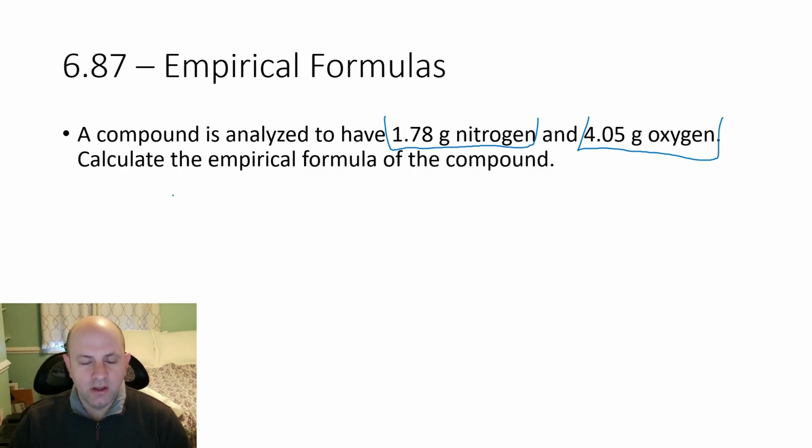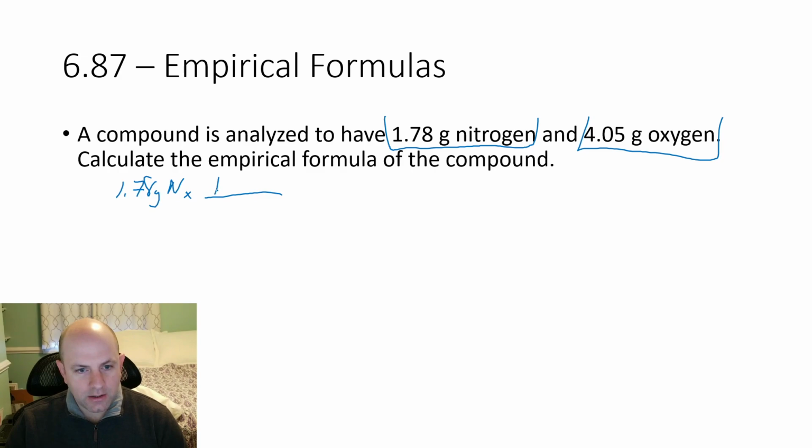Calculate the formula. So step 1 was always take the grams or percent abundance of each element and turn it into grams, but take the grams, make it into moles. So we'll do that for nitrogen. 1.78 grams of nitrogen, and we turn that into moles with the molar mass, that number on the table, 14.01 grams of nitrogen.